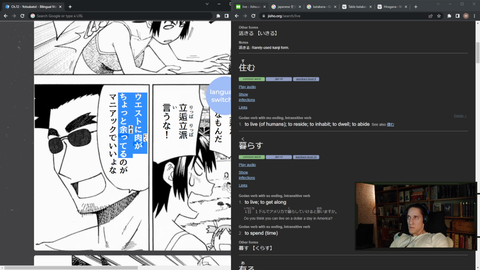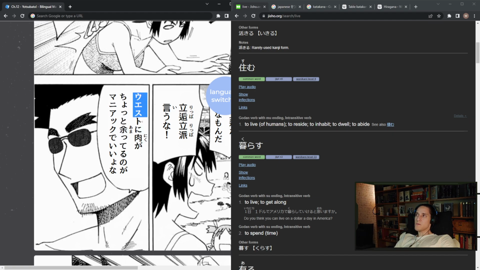Many times the subject is silent. So if I read it just like this out of context, I would assume that the subject is Fuka-chan. So Fuka-chan wa uesuto ni niku ga chotto amatteru. But there is no subject and there is the no.